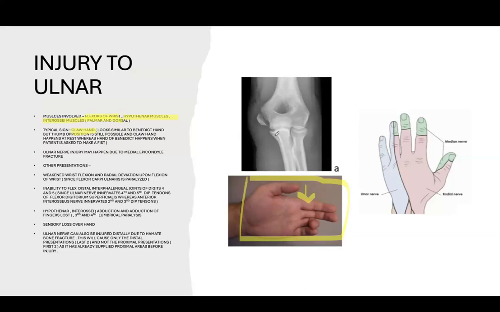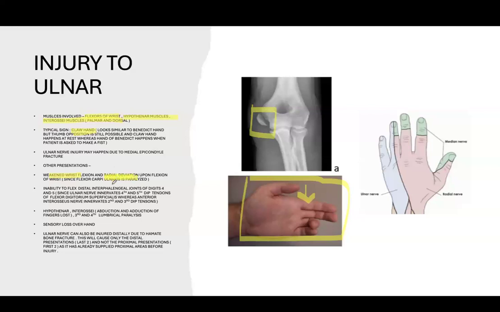The main reason for this kind of injury is medial epicondyle fracture, as you can see in the X-ray over here, because the ulnar nerve runs under the medial epicondyle. The other presentation that you would see is weakened wrist flexion. And this time, instead of ulnar deviation, as you had in the previous one, you're going to have radial deviation because the ulnaris is affected this time, not the radialis.